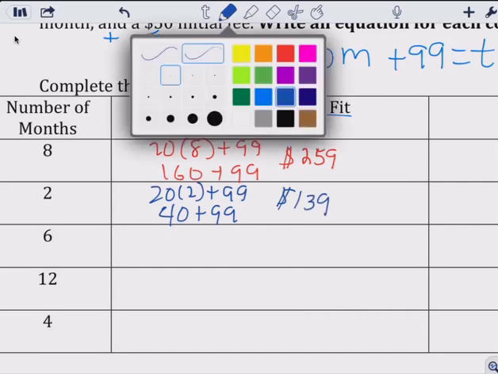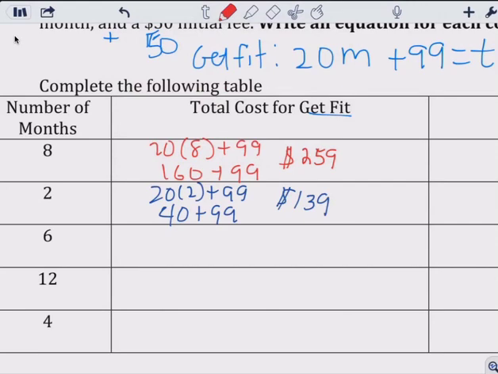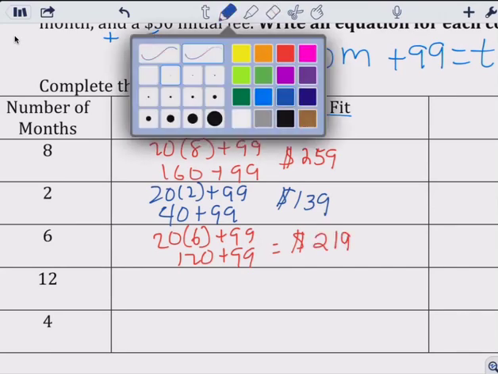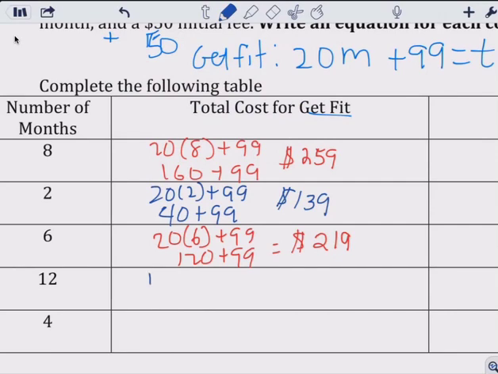Okay, and then you get 20 times 6 plus 99. 120 plus 99 is 219. Next one is 20 times 12 plus 99.